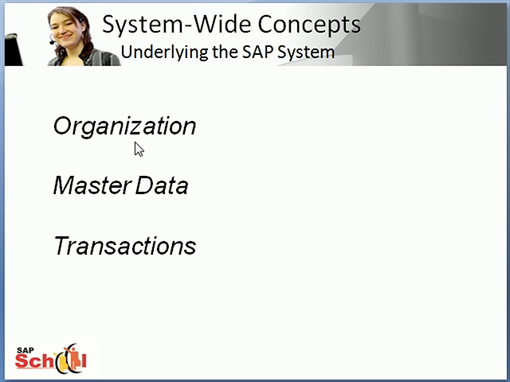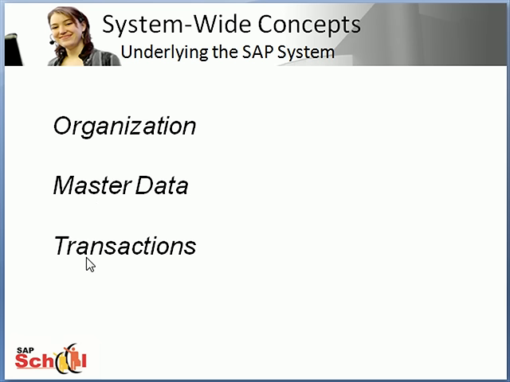This is a company's enterprise structure mapped on to SAP applications using SAP's organizational elements. The master data is created centrally and available to all the applications and all the authorized users.